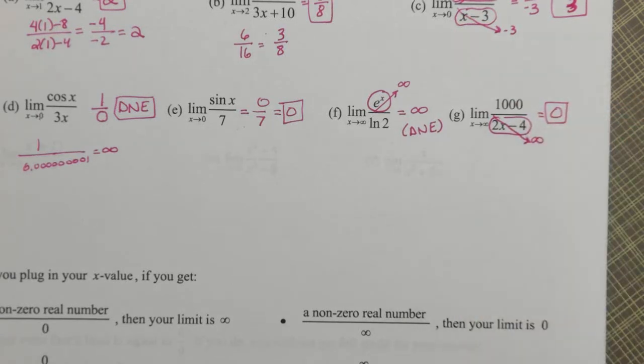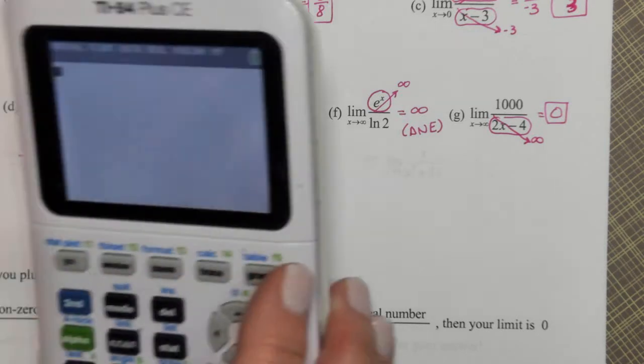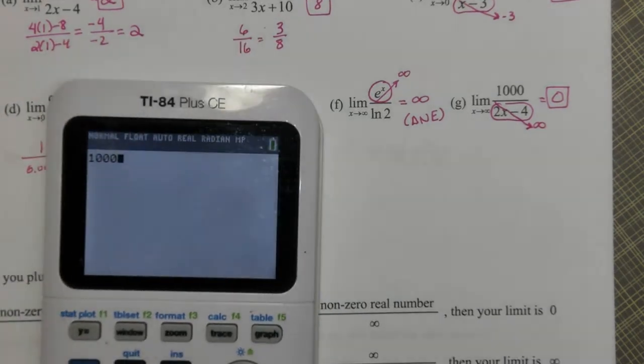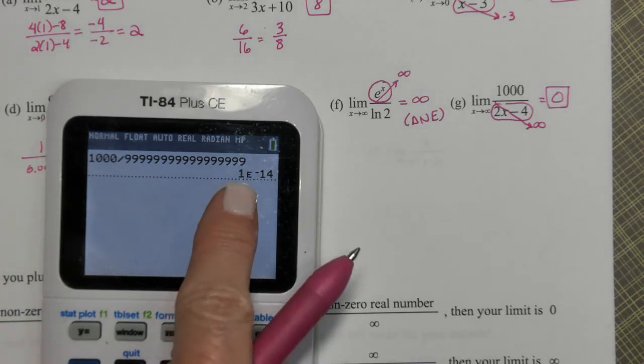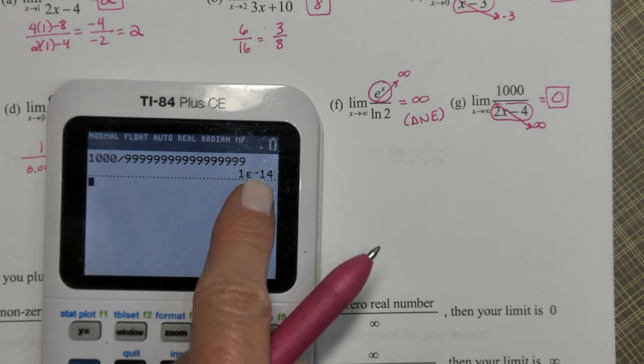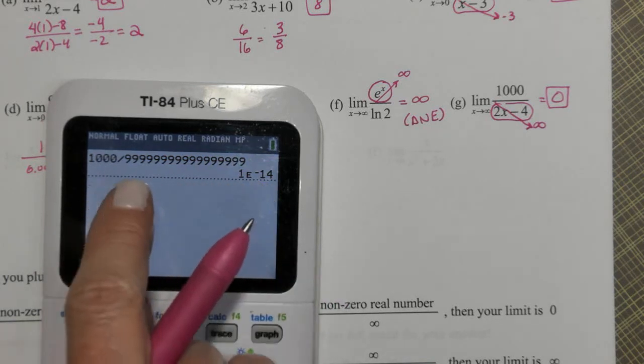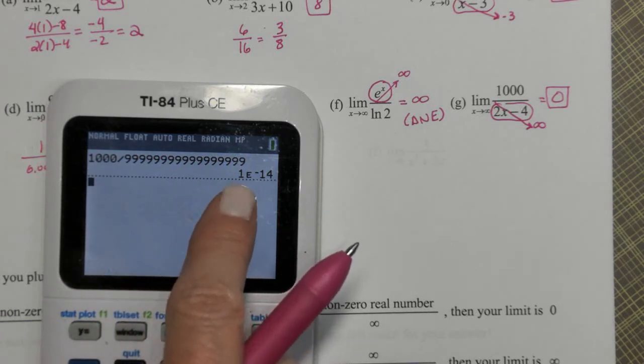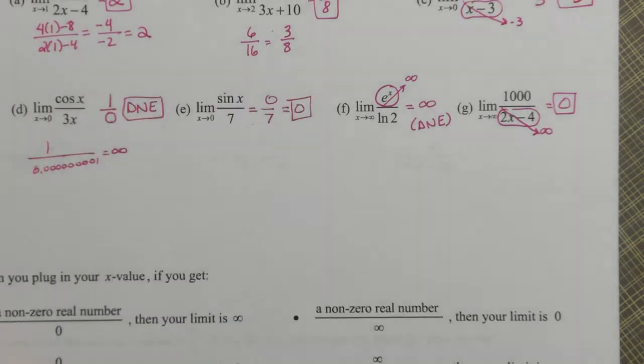If you take any number, I don't care what it is, even a large number like 1,000, and you divide by a very large number, you're going to get something tiny. 1 times 10 to the negative 14. That means 0.00, 14 zeros and then a 1. That's a very tiny number. Okay?